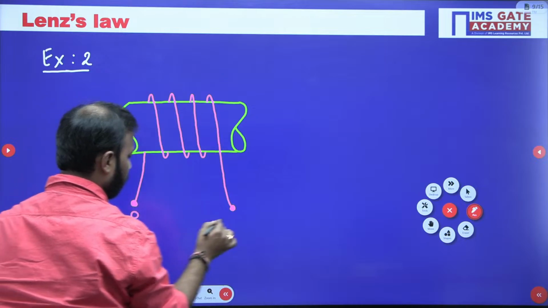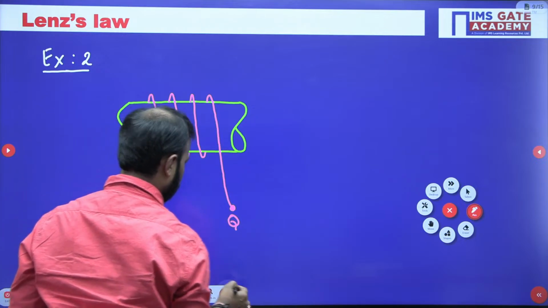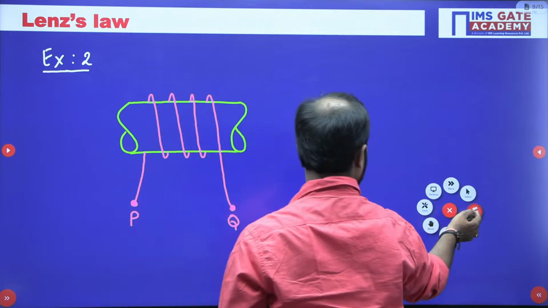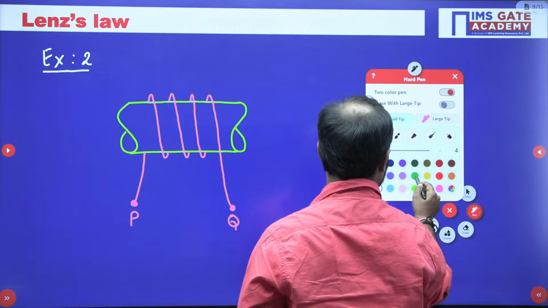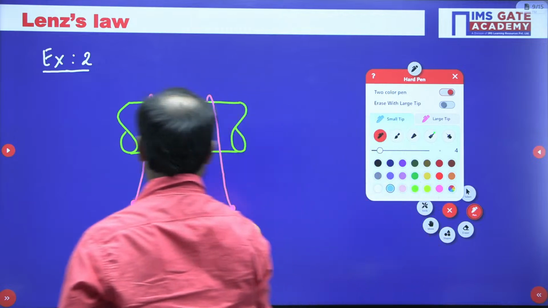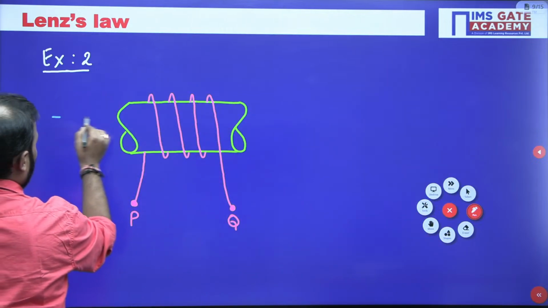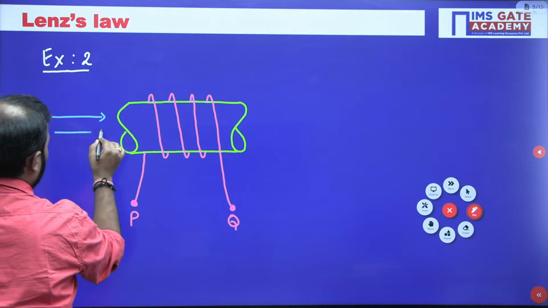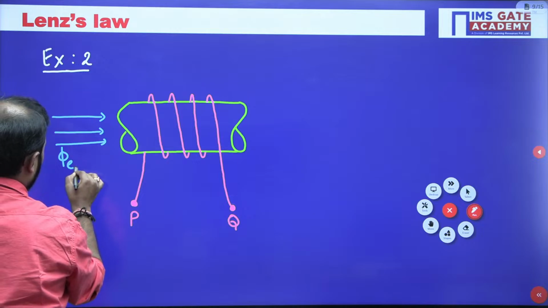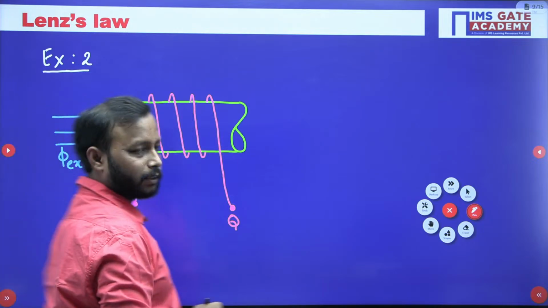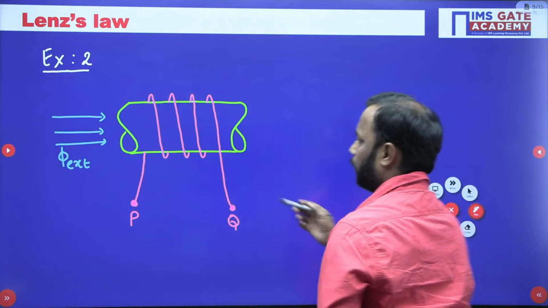This is P and this is Q. And this is the direction of phi external. So from the external source, this EMF is inducing.